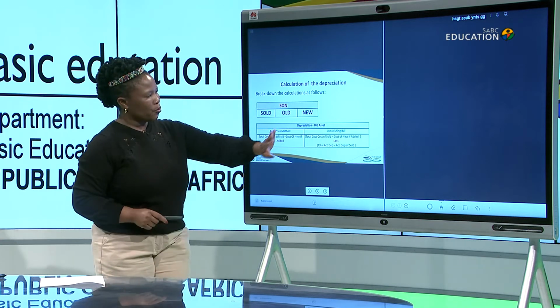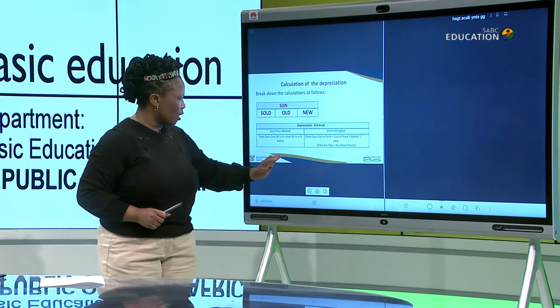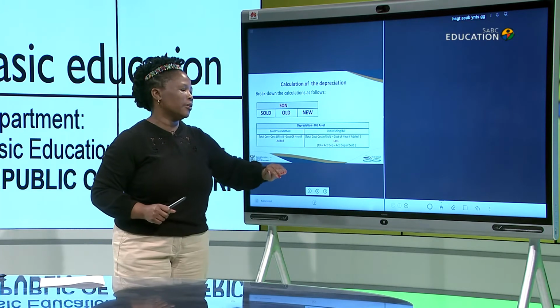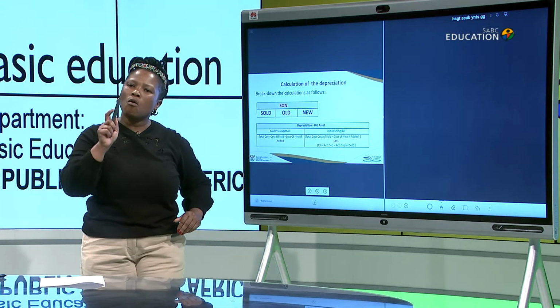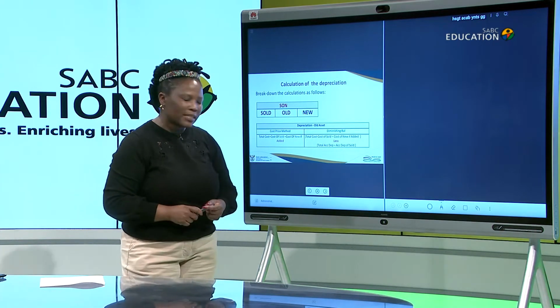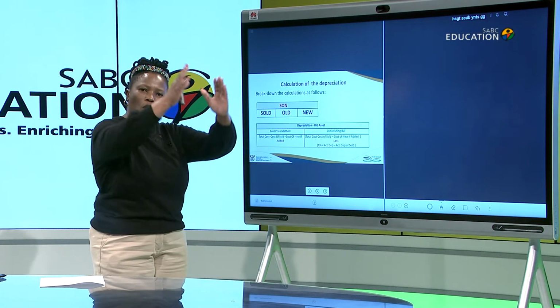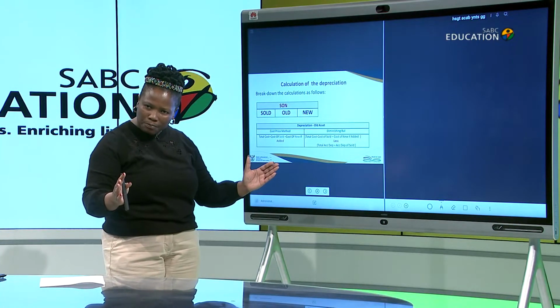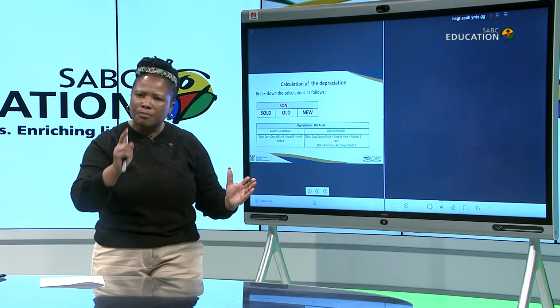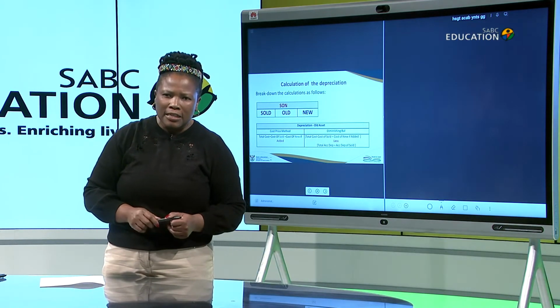Let's look now when you use the diminishing balance method. You are also going to follow this first step. And then you are going to now deduct. You are going to take out the accumulated depreciation. You will take your whole accumulated depreciation and then you will subtract only the depreciation of the asset that is old.